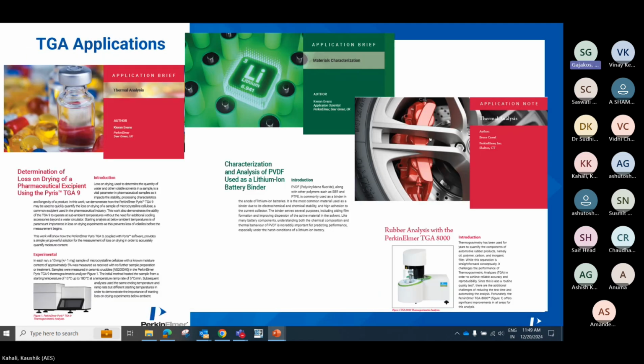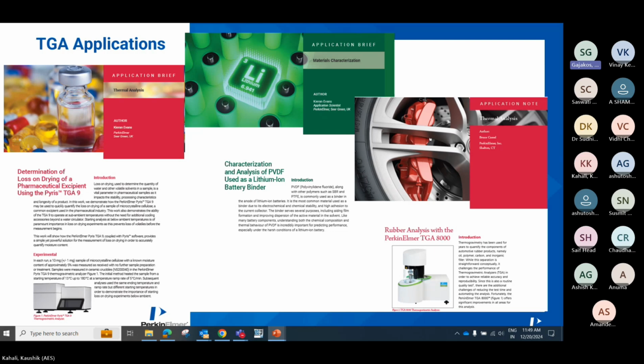As in the introduction, Dr. Manohar explained the applications we develop here in the Mumbai lab, as well as from our global lab. We have a variety of applications from a variety of materials which can be used throughout different kinds of industries. And these application notes are easily available on the internet.